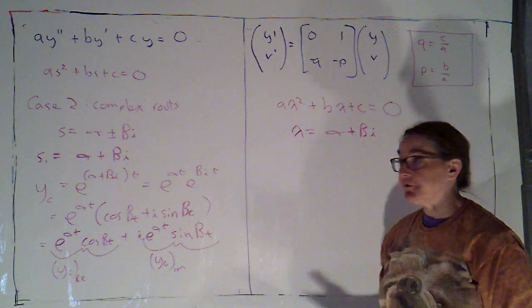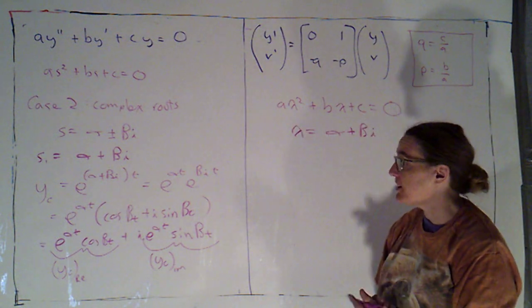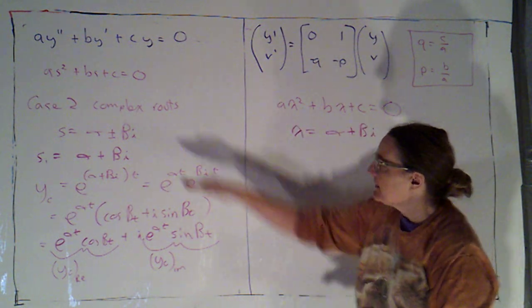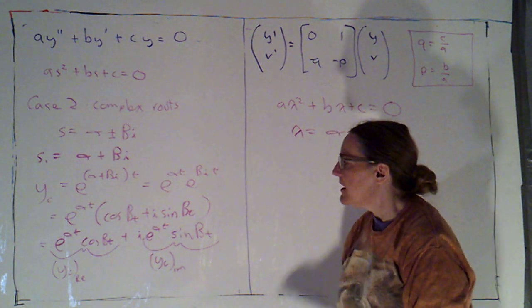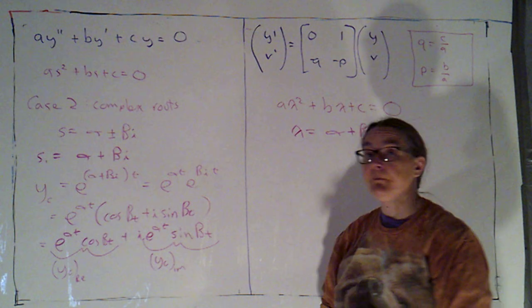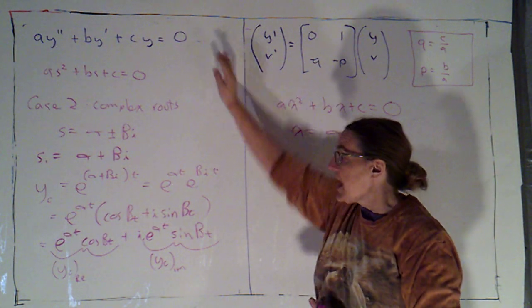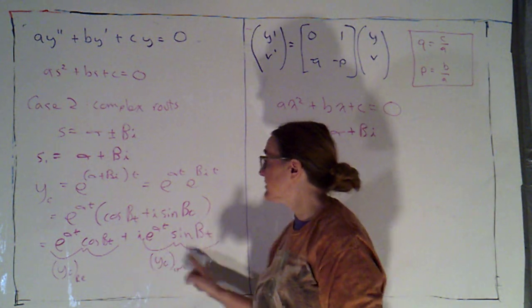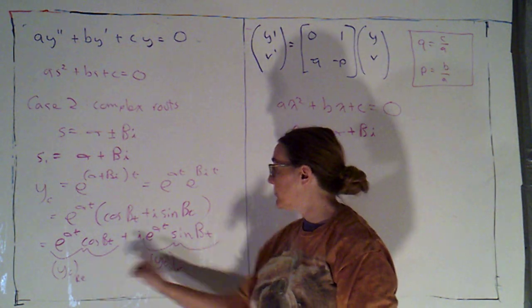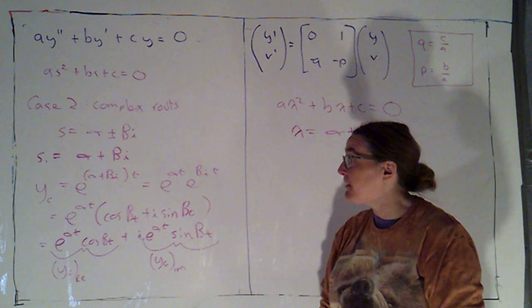I could actually confirm directly by just plugging into the differential equation and using the fact that this was a root of that characteristic equation, that this and this are both solutions to the original differential equation. And it does turn out that the general solution is just going to be an arbitrary linear combination of the real and the imaginary parts of that complex solution. So that's very, very nice.